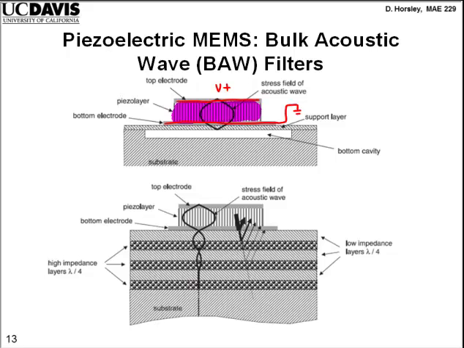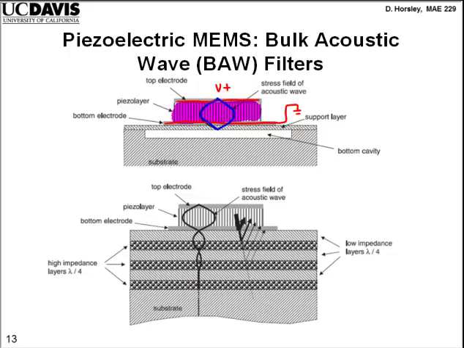So that's grounded, and that generates a field, and that generates strain. And so you could imagine that as we resonate this thing back and forth, we can set up a stress field that looks like this. It has basically its minimum stress points at the top and bottom of the structure.